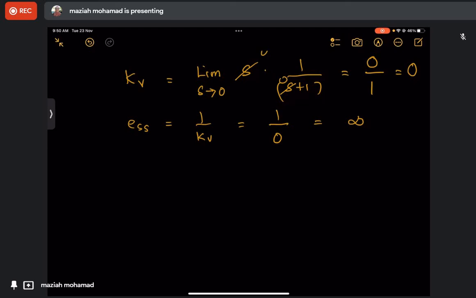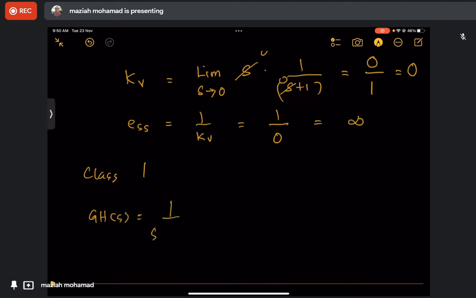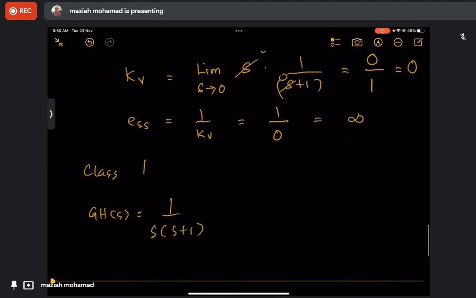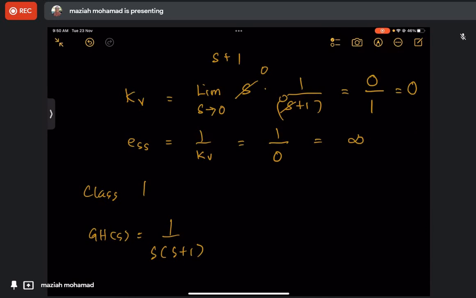Right, and similarly we can also prove for class 1. GHS equal to 1 over s plus 1. This is class 1. So you do the same. You can expect there will be a value because this s here will be cancelled with the lower s here.